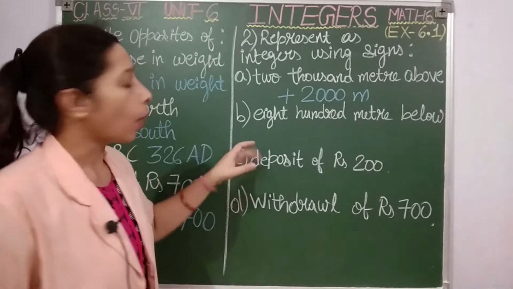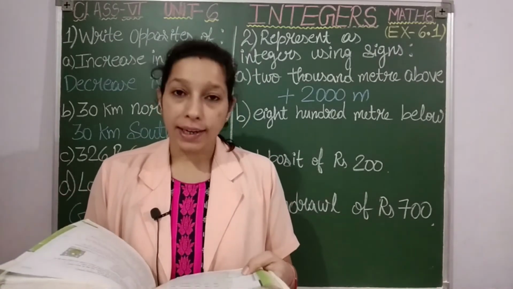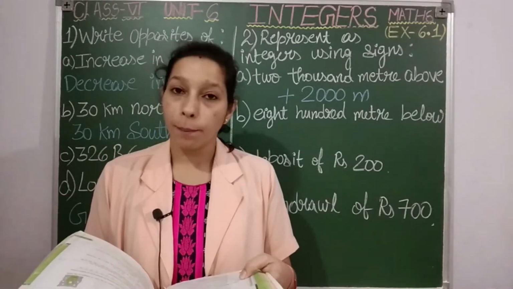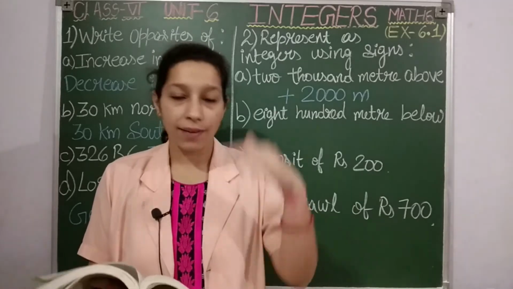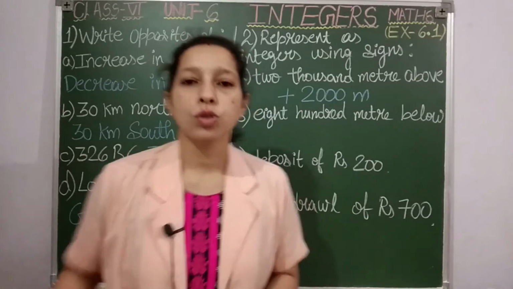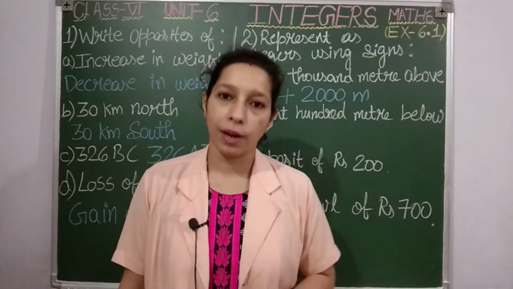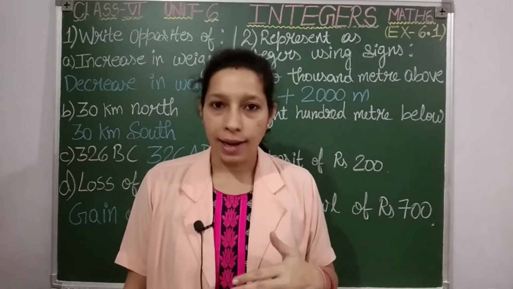Clear, students? Point number B is a submarine is moving at a depth 800 meter below the sea level. So below the sea level, how many meters the submarine is floating? 800 meter. So students, if for above we have taken a positive integer, for below surely we will be using negative integers.